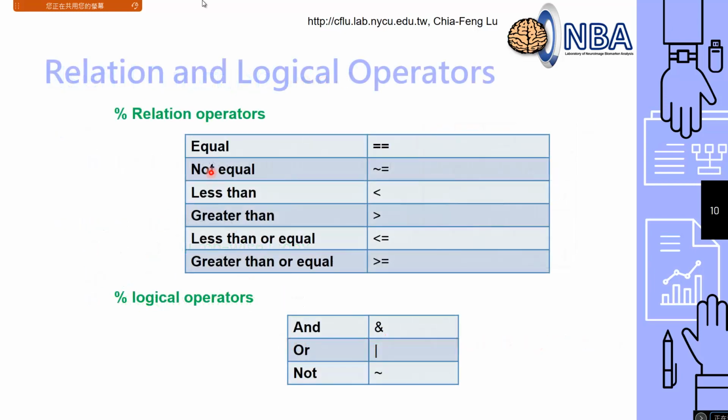So you can take a look right here. These are the so-called relation operators. You have the equal. Do remember when you are saying something about equal, you need to put 2 equal signs together. If you are talking about something not equal, for example, A not equal 6, that means all the elements whose value is not 6. So you should use this one.